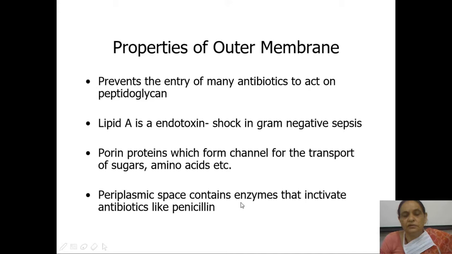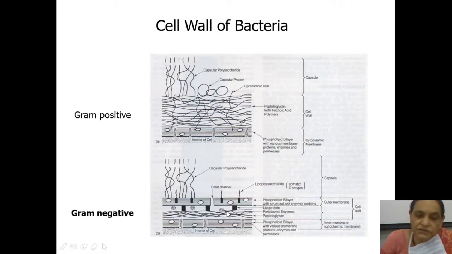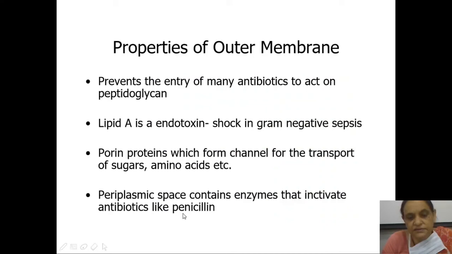So this periplasmic space is there, which also contains enzymes which inactivate antibiotics like penicillin or some first generation cephalosporins. Then lipid A, an endotoxin, causes shock. Then porin proteins form channels for sugars, amino acids, etc. So that is how a gram-negative bacteria has its potential.